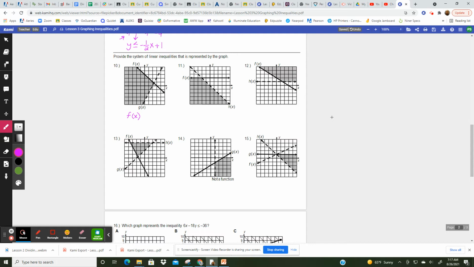So it's less than, it's a solid line, so it's less than or equal to. And then I need the mx plus b. So my m is down 1, right 1, which is negative 1 over 1, which equals negative 1. So I'm going to write it as negative x. And then my b is 1, 2, 3, so plus 3.